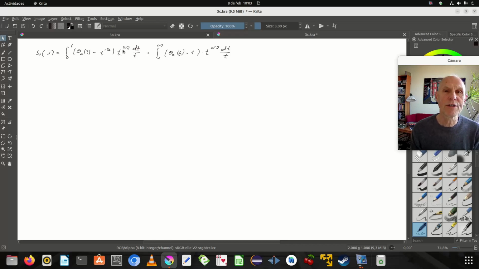Then this function is defined for all s, even naught. Sure. So we need to show that it's differentiable.